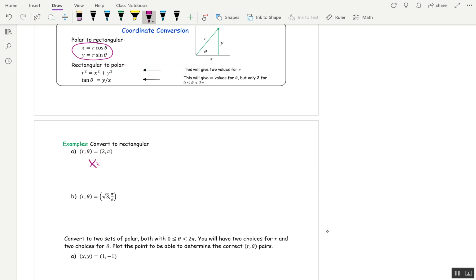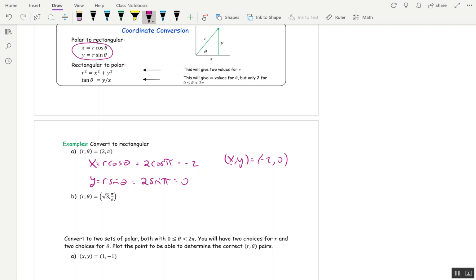So x is r cos theta, which is 2 cos pi, which is -2, and y is r sine theta, which is 2 sine pi, which is 0. So there are no choices to make here. xy is -2, 0.